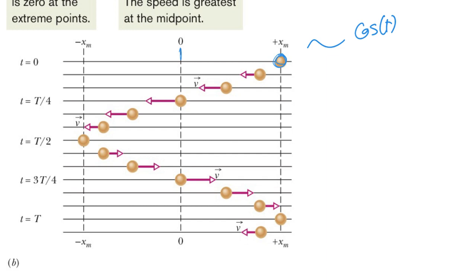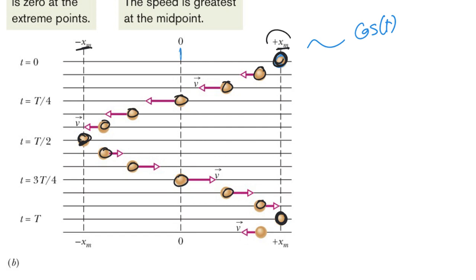Why? Because we can see from this figure that the particle starts the motion from xm. Then it goes around the reference point and reaches the maximum position on the left, here xm positive and here minus xm, and then returns again to the same position.